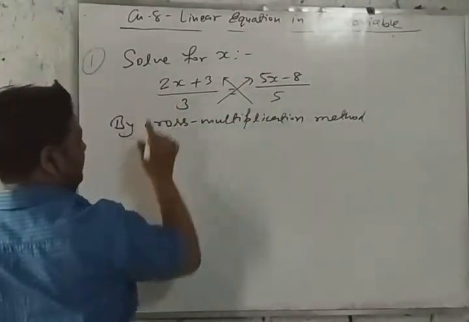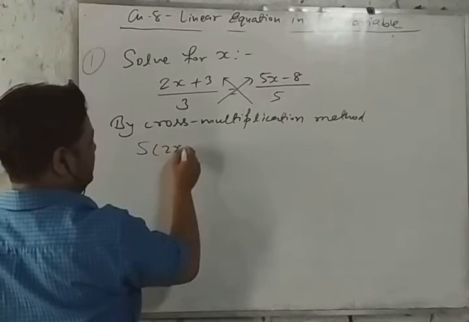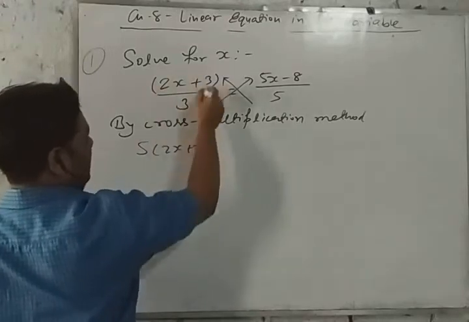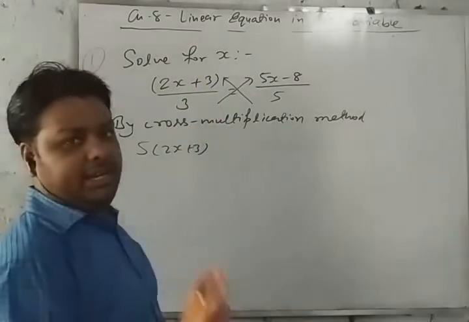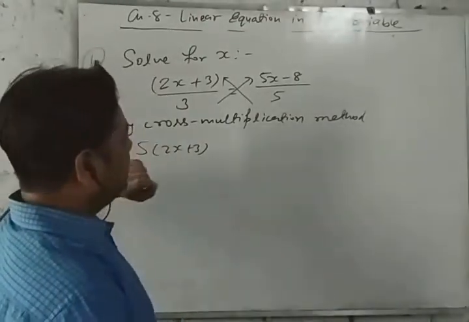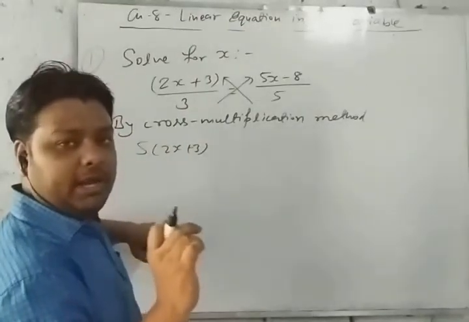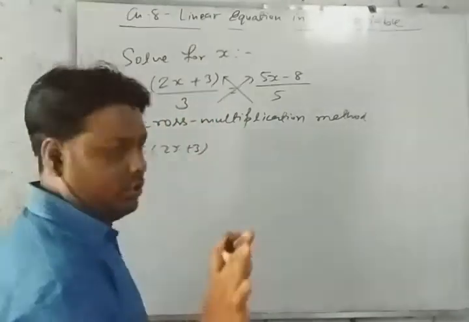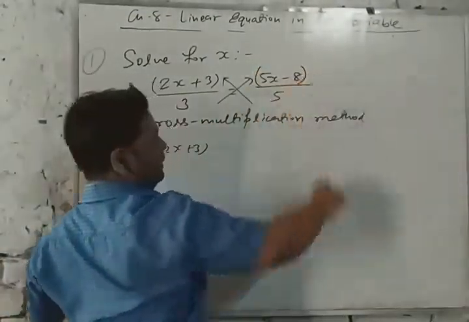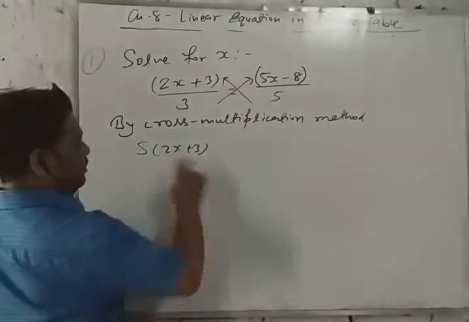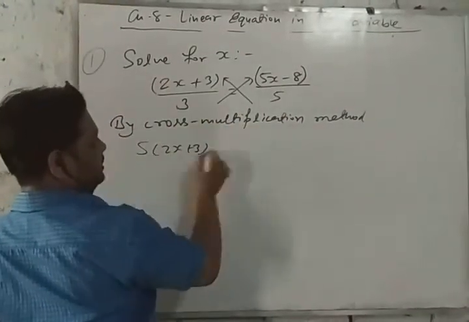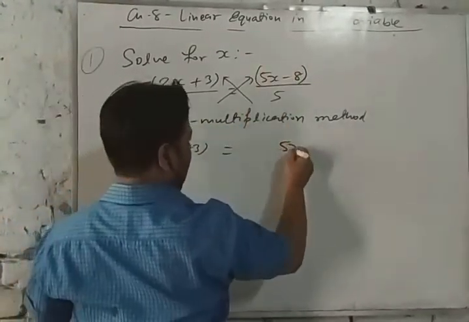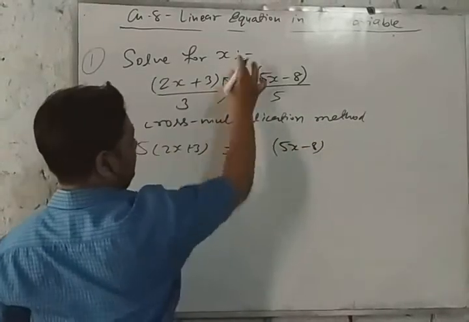Okay. So 5 will be multiplied with (2x plus 3). I said that if in the question there is no bracket, you have to write the bracket in your solution. If the number is in binomial or any polynomial, then you have to keep it in bracket. Then you will multiply. Then 5 into (2x plus 3), then 3 into (5x minus 8).